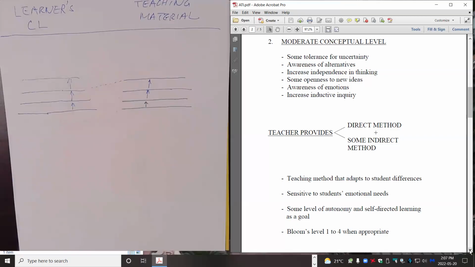All right. So here, with moderate CL, there is some tendency to move on to a higher level of operation. So in concrete operation, students don't like gray area, okay?